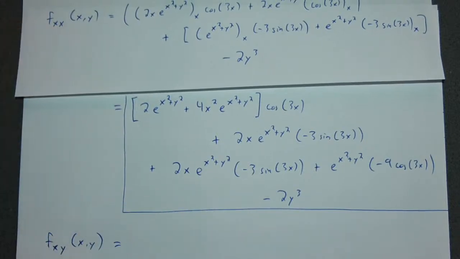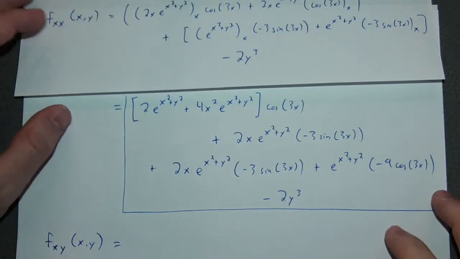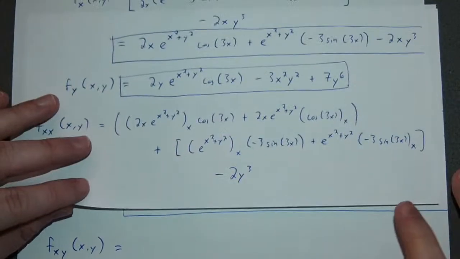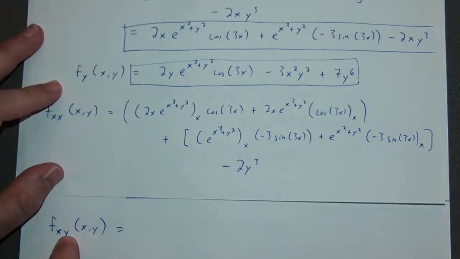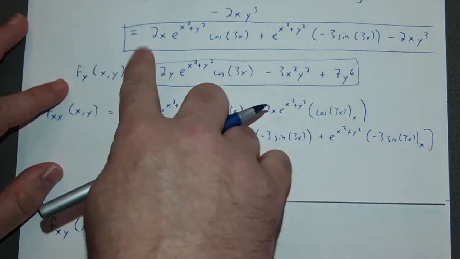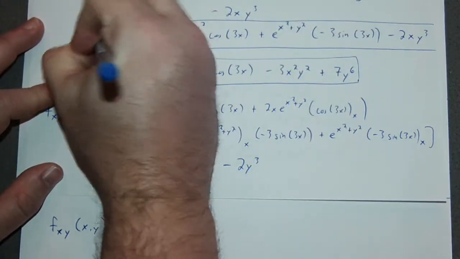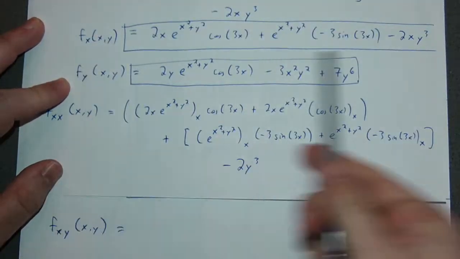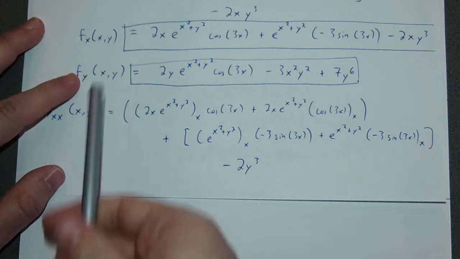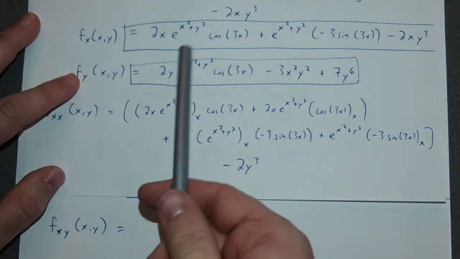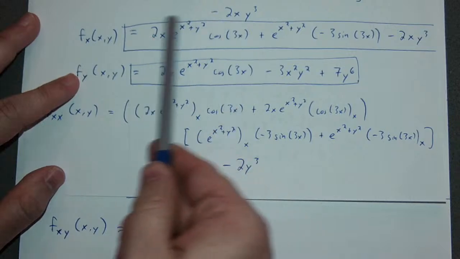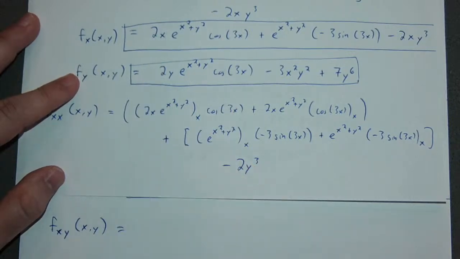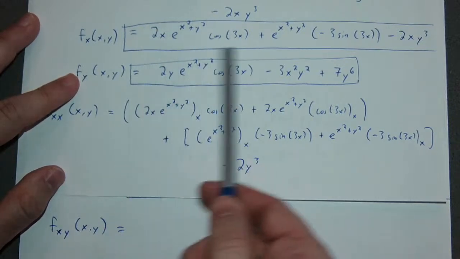So f sub xy, defined in the way that I did it, not the way that the textbook has it written down, means that I would be taking the y partial of the x partial, which I've boxed here. So this is the x partial of f. Okay, so I'm taking the y partial of that. So moving through here, the y partial of this first term, I get to avoid having to use the product rule entirely, because with respect to y, this isn't a product.